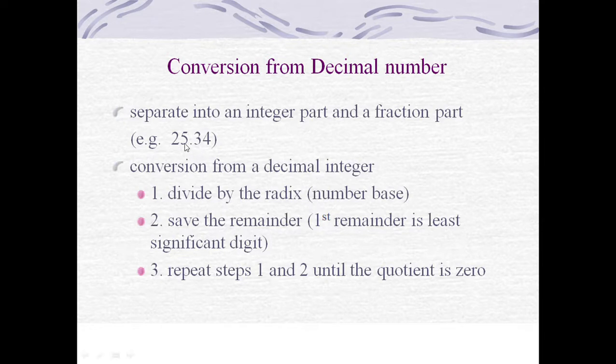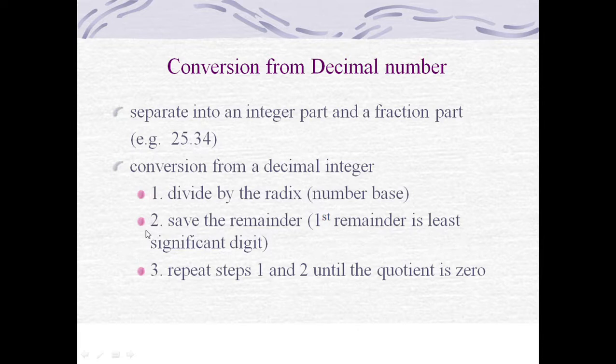For example, if we want to convert this 25 in decimal to binary, then divide this 25 by 2. If we want to convert this number into base 8, then divide this 25 by 8, because that is the radix. So divide the decimal integer by the radix or the number base. This is the first step.